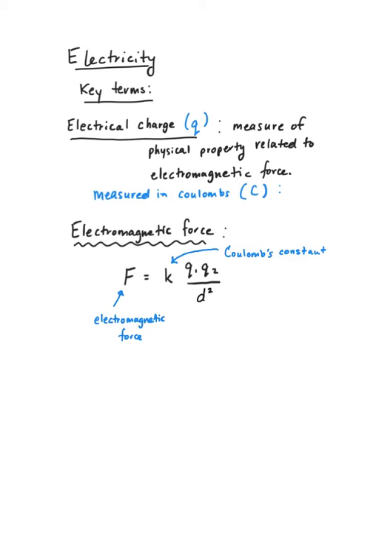Multiplied by the charge on one element and the charge on a second element, divided by the distance between those two charges, squared.